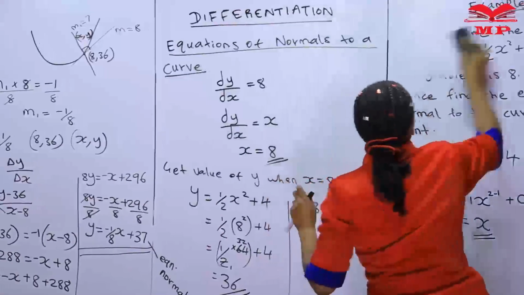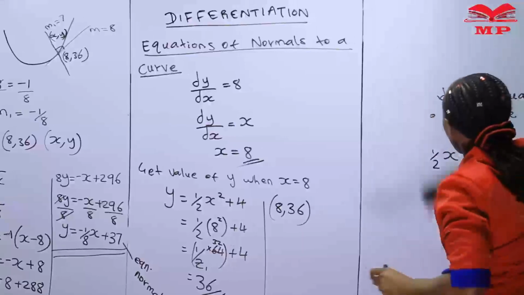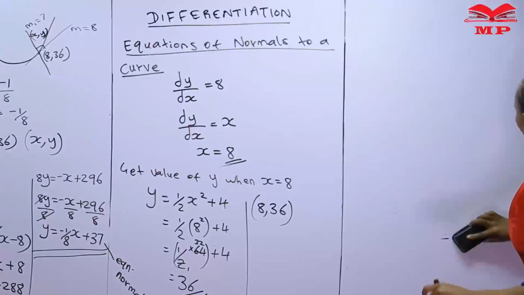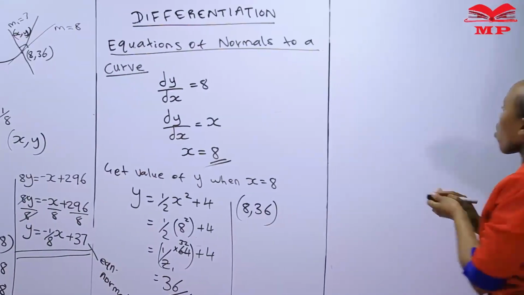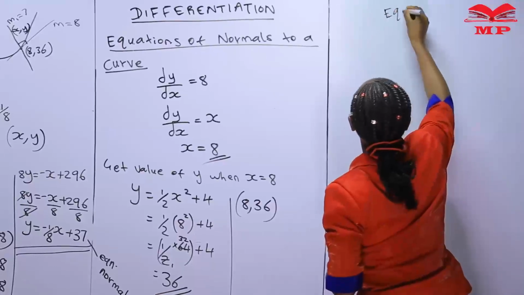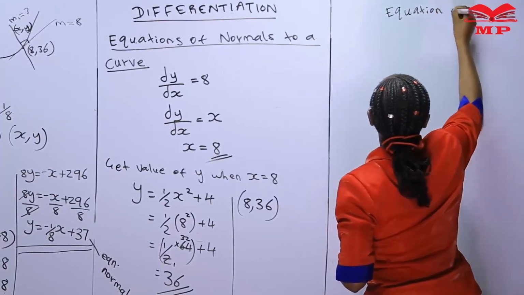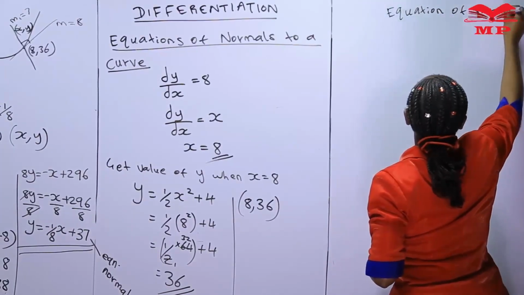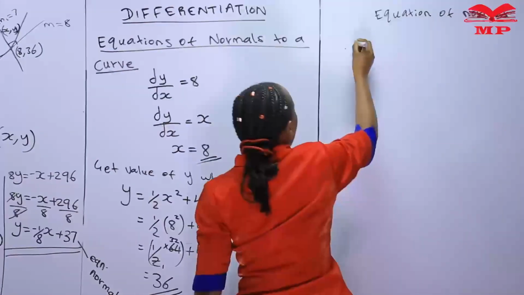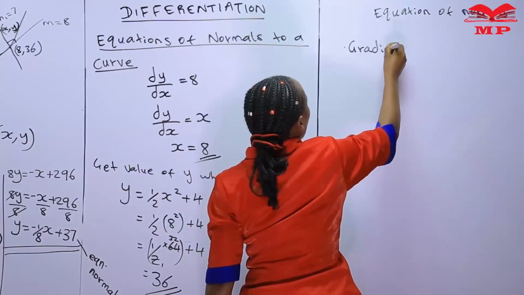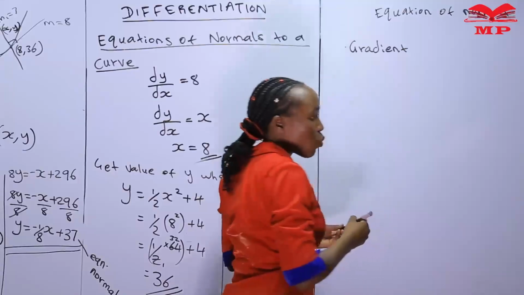A summary of what we have said in this lesson: when you want to find the equation of a normal, the first thing is to get the gradient function, depending on the equation that you are given.